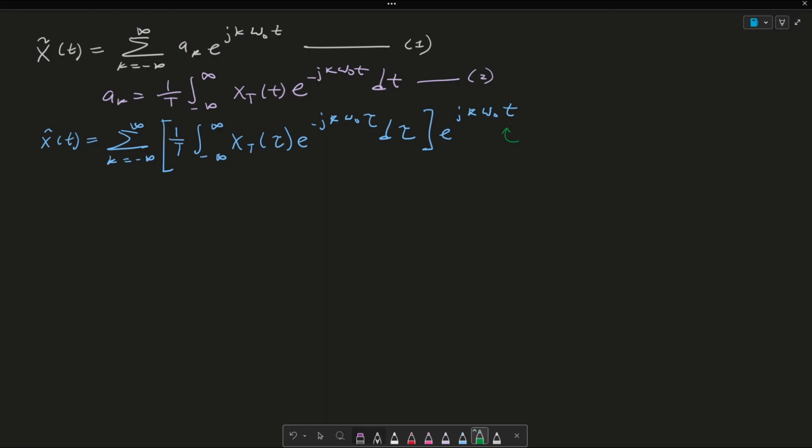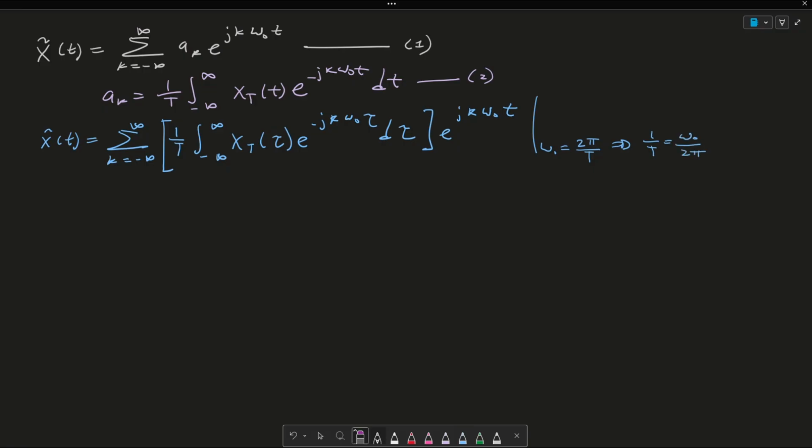So now let's plug in omega naught equals 2 pi over T, or essentially saying that 1 over T is equated to omega naught over 2 pi.